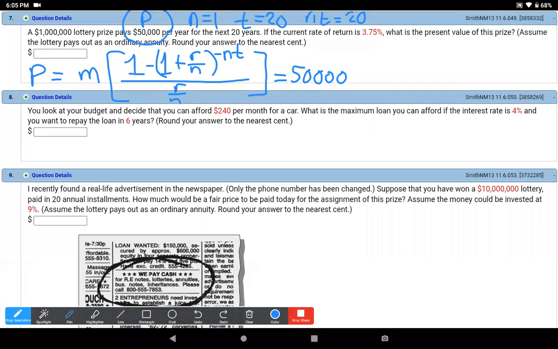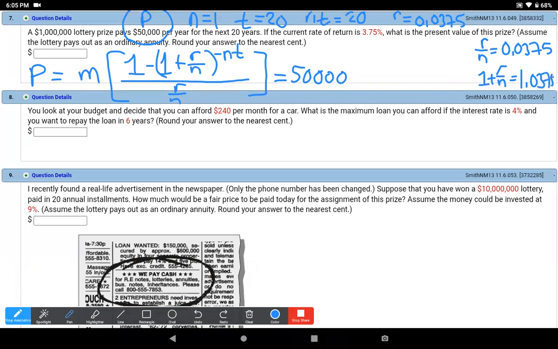And then we have, we could do R over N. Well, let's first do R. R is 0.0375. R over N is also 0.0375 because we divide by 1 and that gives us that value. And 1 plus R over N is 1.0375.